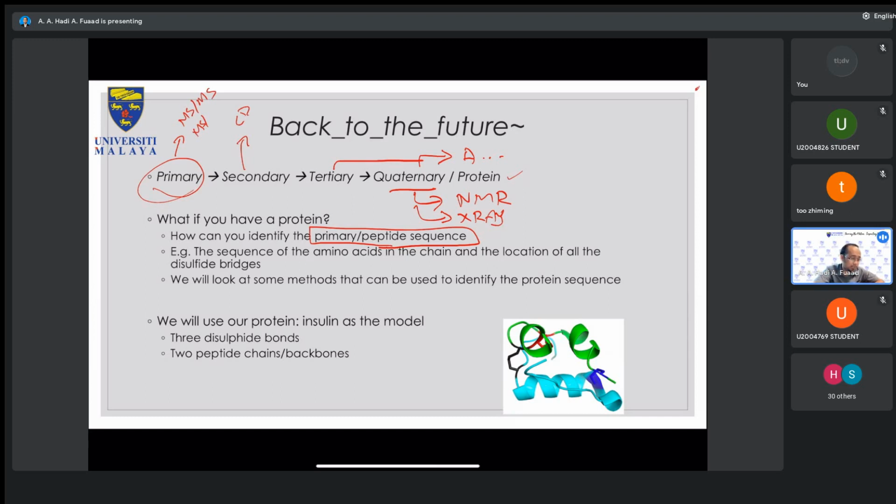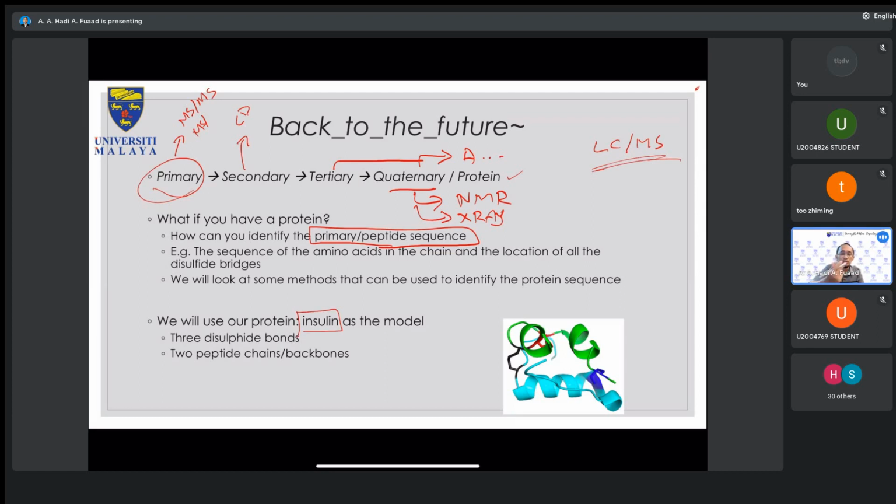But if you don't have that, if you have a slightly lower version of an MS, for example just a simple LCMS, you can still do peptide analysis or protein identification. So how do you do it? Let's have a look. Imagine that again you have insulin.